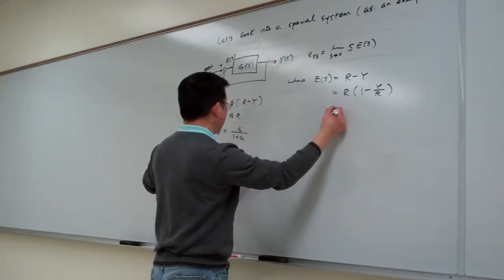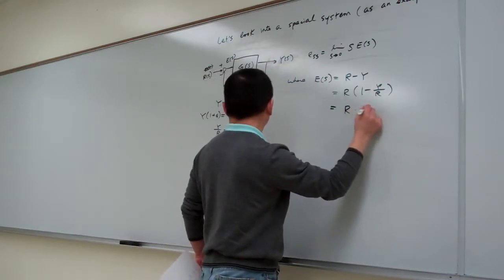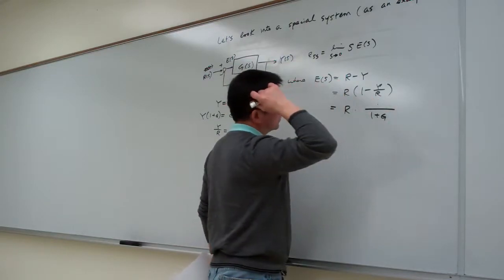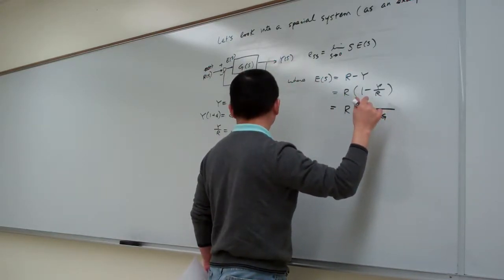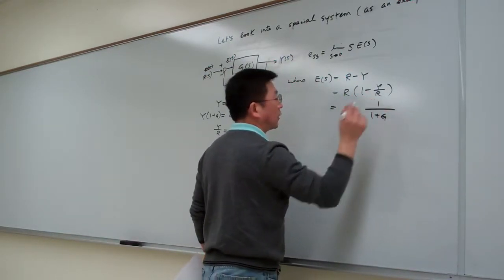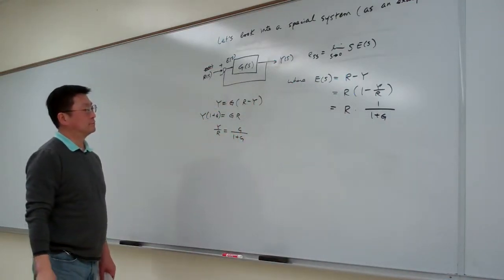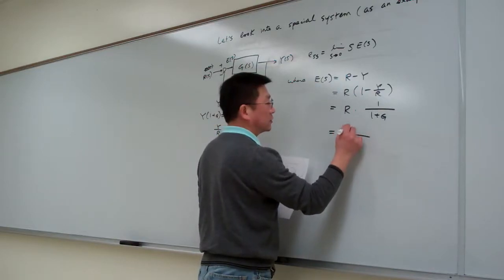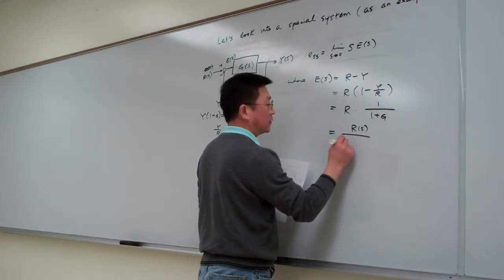So we plug in the information here, R times (1 minus G over (1 plus G)), which is simply R(s) over (1 plus G(s)). Let me write it up.